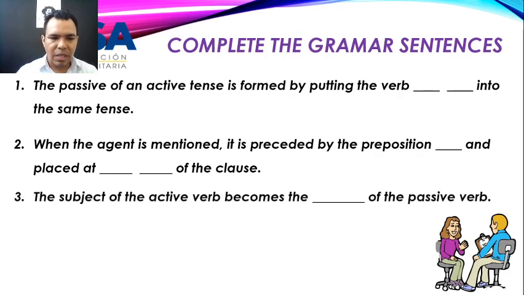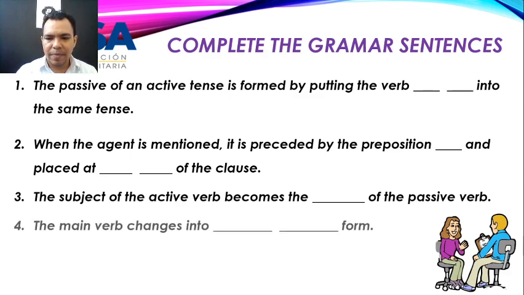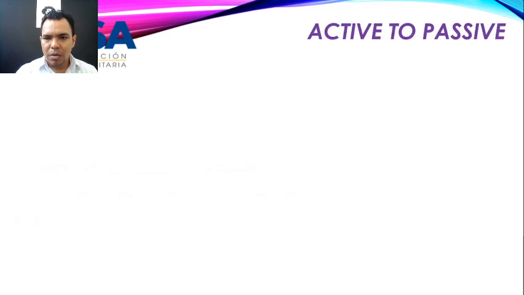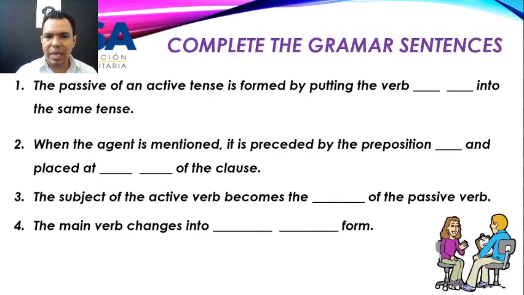Number three, the subject of the active verb becomes the of the passive verb. Number four, the main verb changes into form. It's your turn. Go again, watch again, and complete these sentences in order to review and understand what I have just explained.